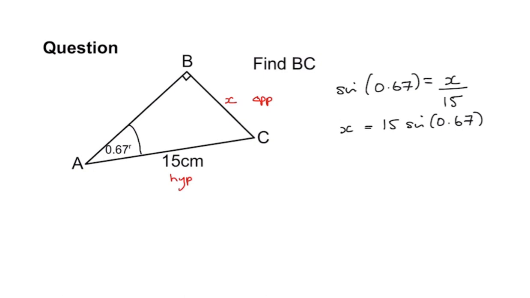When you pop that in your calculator, you will get your answer, which is therefore the length BC equals 9.3147, and that goes on. So BC equals 9.31 centimetres, and that's correct to 3 significant figures.